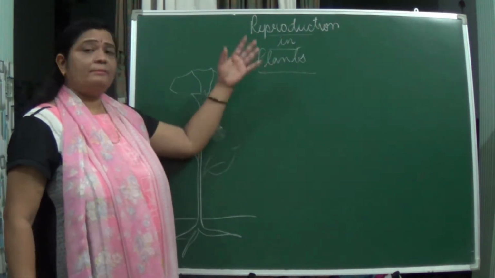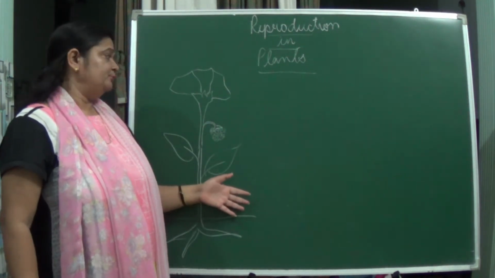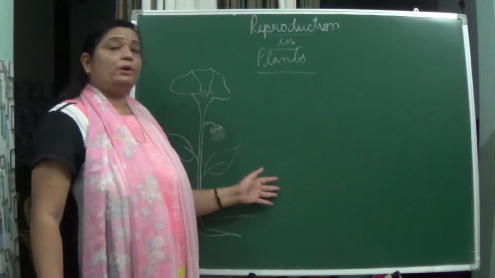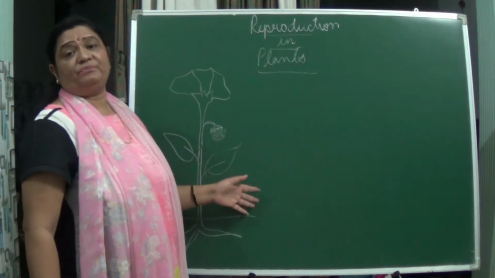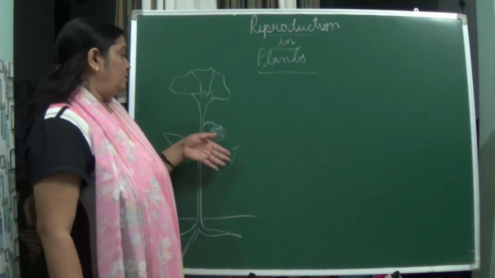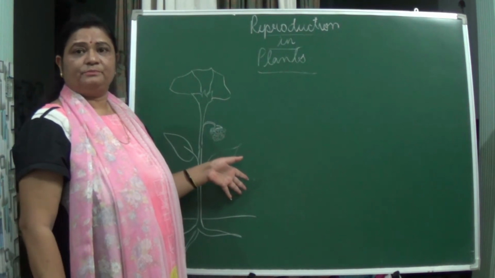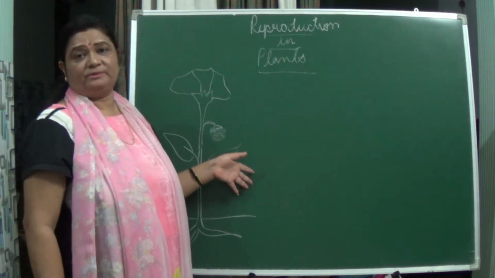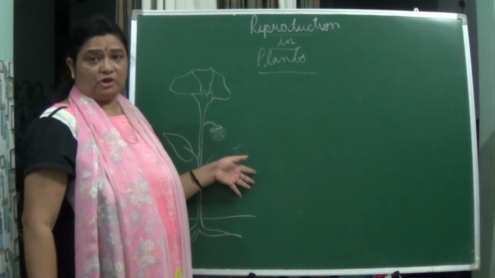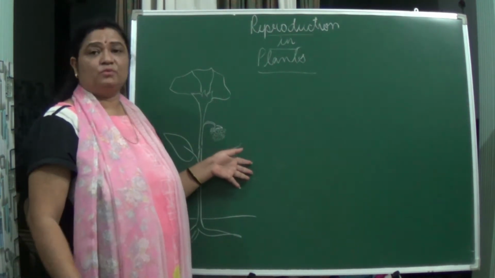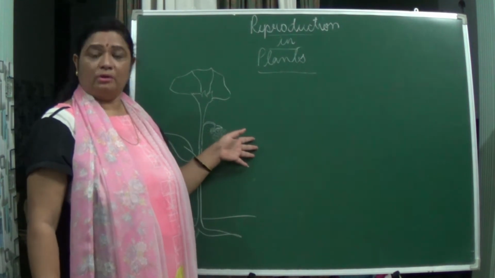We will be studying other methods of reproduction also, but mainly I am talking about this one. So if new plants are not produced from the existing plants, okay, the race will be stopped. And if it is stopped, will this whole environment work as it is working right now? It will not work.